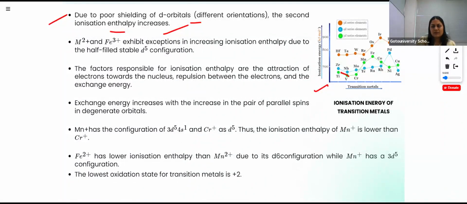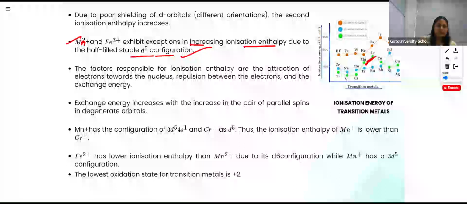See, for the second element it decreases, then it increases, right? Manganese 2 positive and iron 3 positive exhibit exceptions in increasing ionization enthalpy. Why? Due to the half-filled stable d5 configuration.